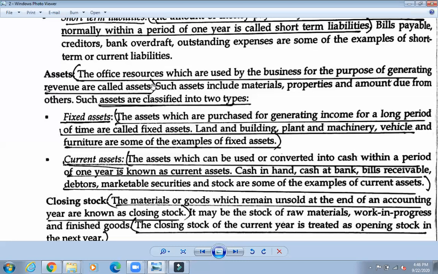You'll get money from them. So the meaning is you will get something. Okay, you will be benefited. So this building may be the assets for me because I can gain income from this one.